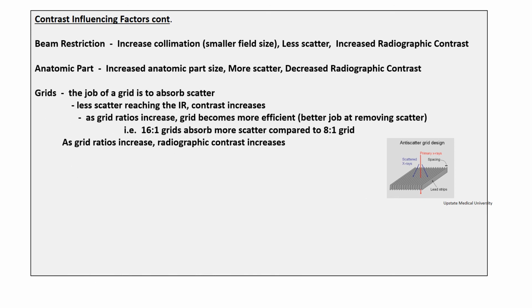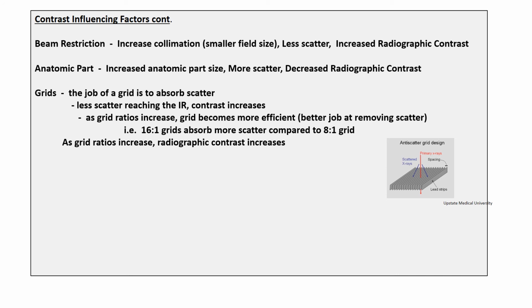Grids. What's the whole job of a grid? A grid is there to remove scatter, right? So if I use a grid, I got less scatter reaching the IR, contrast goes up, right? More black and white. And I could take it a step further, and I could say that as we increase the grid ratio, remember the grid ratio is really how good of a job that grid can do at removing scatter. So as the grid ratios increase, the grid becomes more efficient, does a better job at removing scatter.